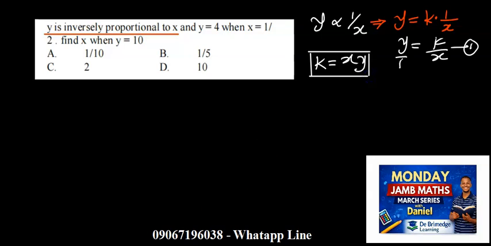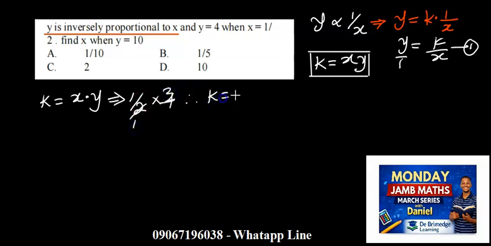So k is equal to x times y. x is given as 1 over 2, times y is given as 4. If you do that, 2 here will give you 1, 2 here will give you 2. Therefore, k is equal to 2.